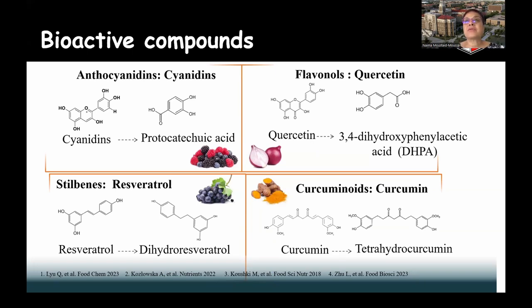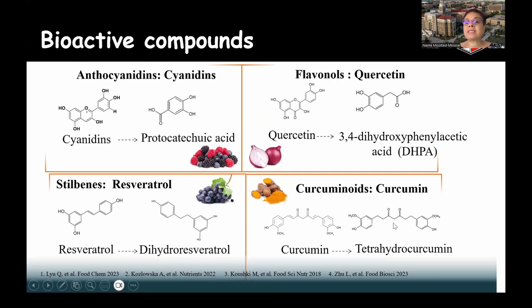One of the mechanisms, of course, is that these compounds can affect various cell signaling mechanisms, but on the other hand, these bioactive compounds, for example, anthocyanidins from cherries, are metabolized by gut bacteria and converted into different compounds, for example, cyanidins into protocatechuic acid, or quercetin into DHPA metabolite, curcumin into tetrahydrocurcumin, and so on.